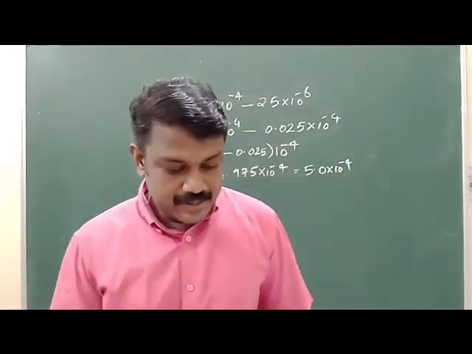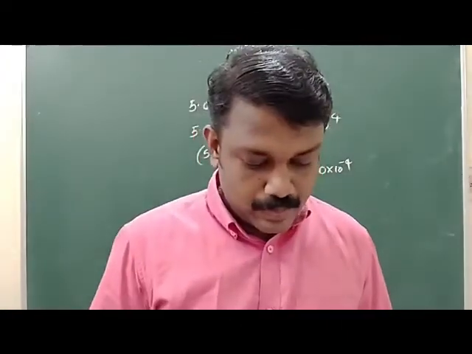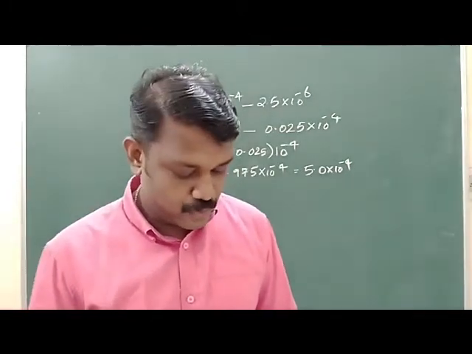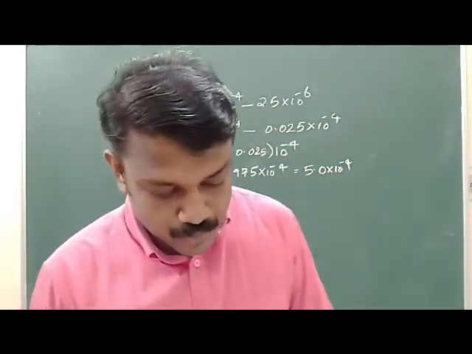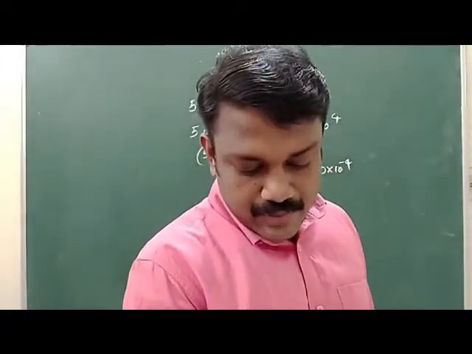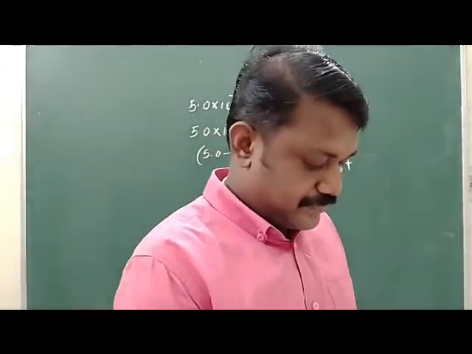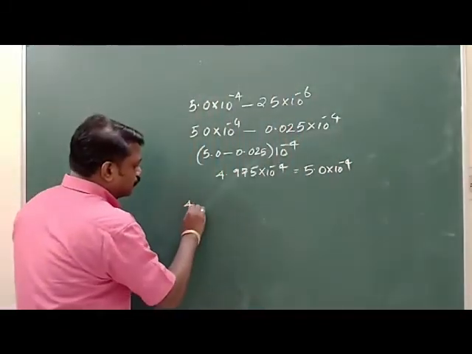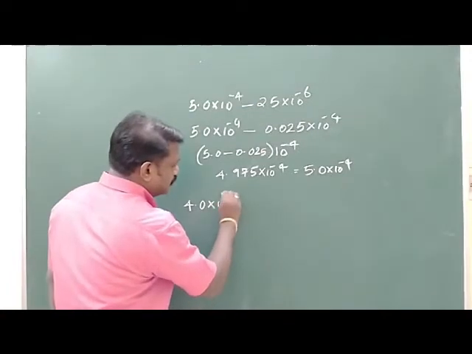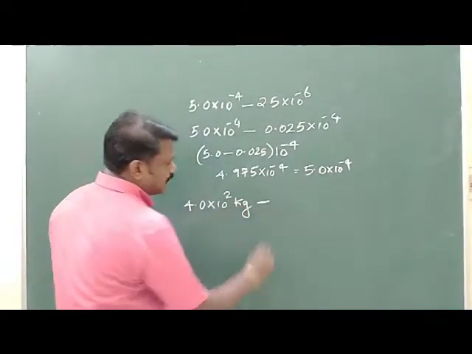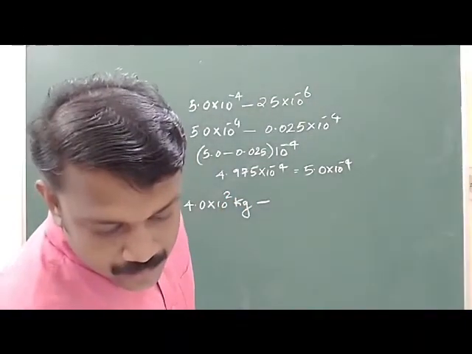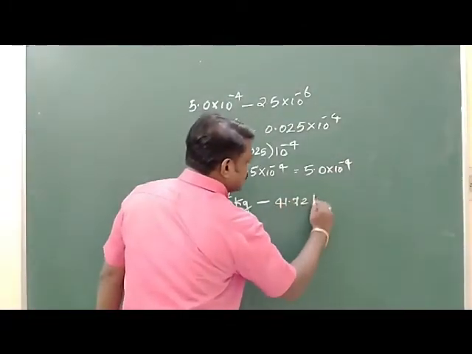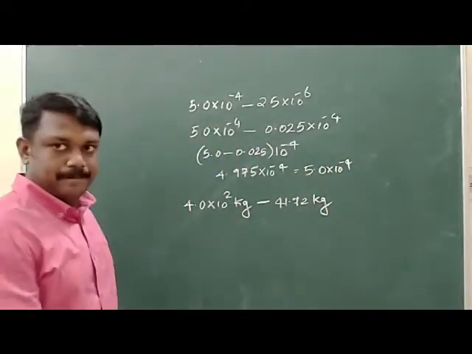Okay. Another one. 4.0 into 10 to the power 2 kilogram minus 41.72 kilogram. 41.72 kilogram, this is the answer.